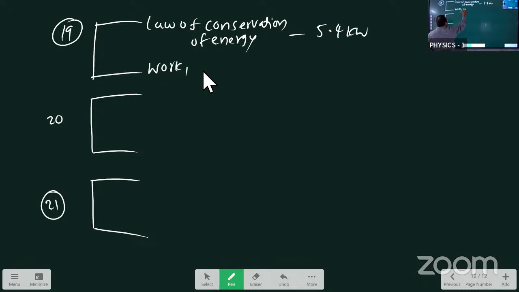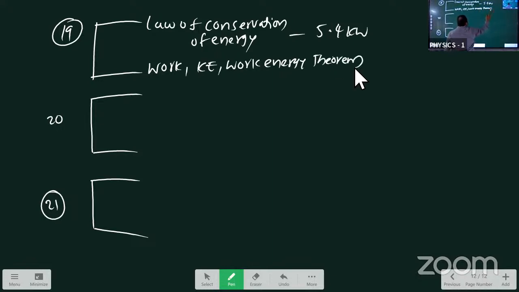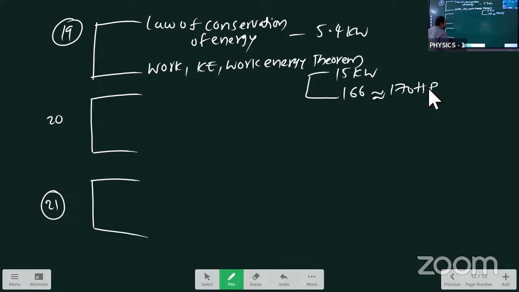Define work, kinetic energy, work-energy theorem. Two problems, students: 15 kilowatts, 166 approximately equals 170 HP. Two LAQs important for the 19th.